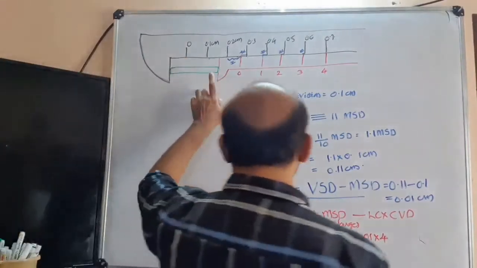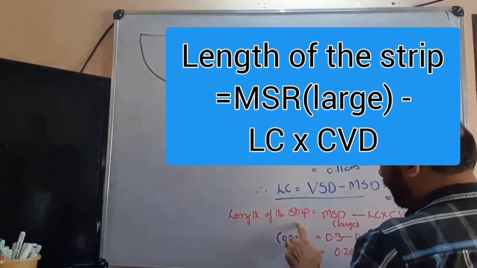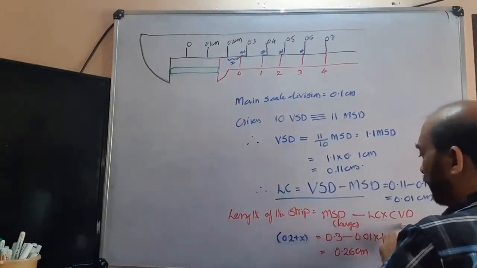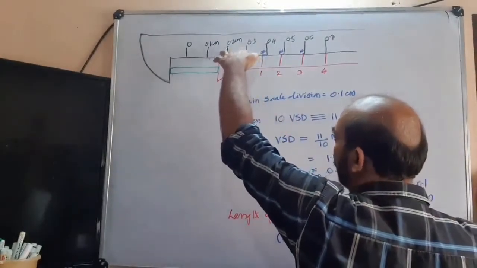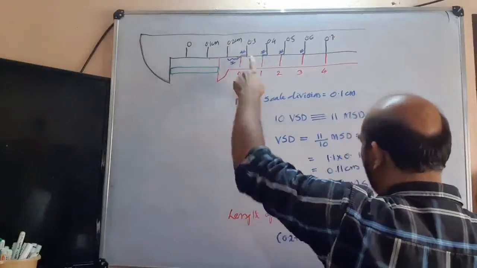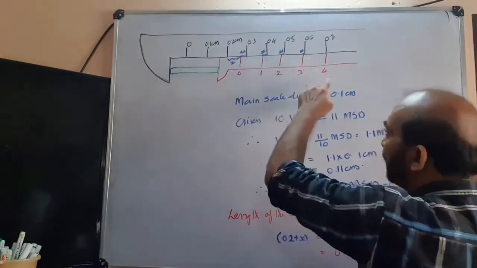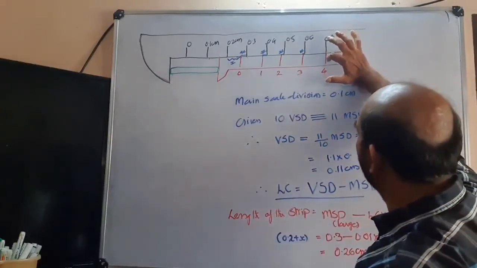See here, if we apply this rule, length of the strip is equal to MSD large minus least count into coinciding vernier division, between 0.2 and 0.3. So the bigger value is 0.3. So 0.3 minus, see here the coinciding division is the fourth one. So no difference between the two lines.